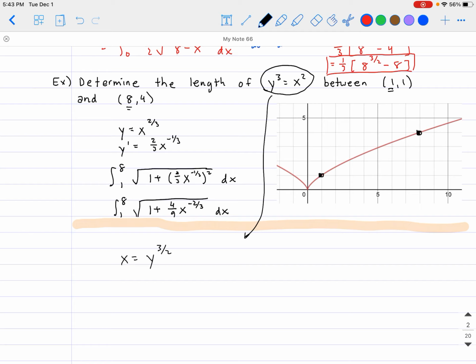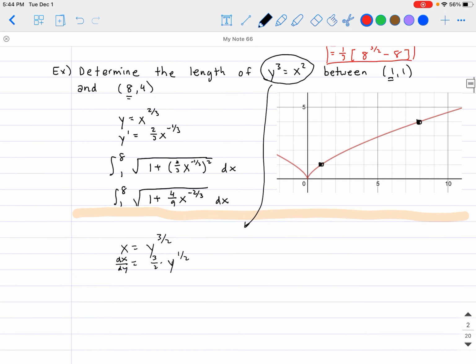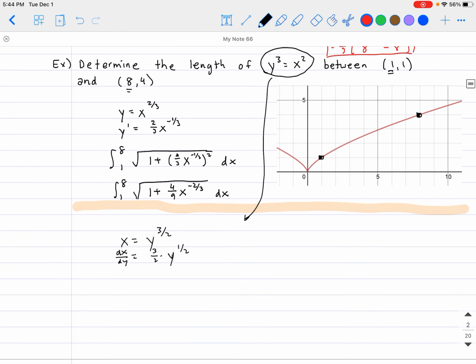Now if I solve for dx/dy, that's going to give me 3/2 times y raised to the power of 1/2. And that's nice because when I plug it into that equation, I can get something nice and clean.